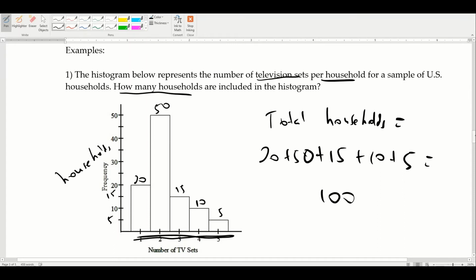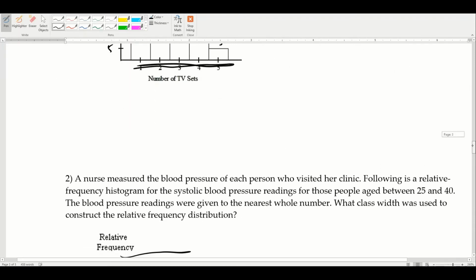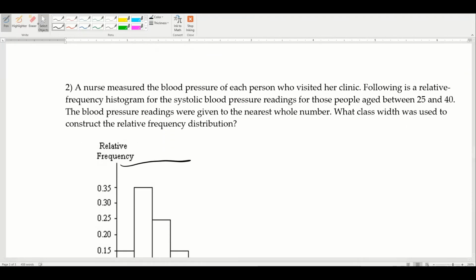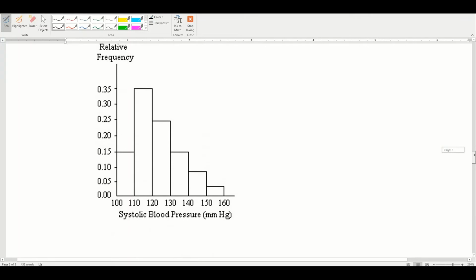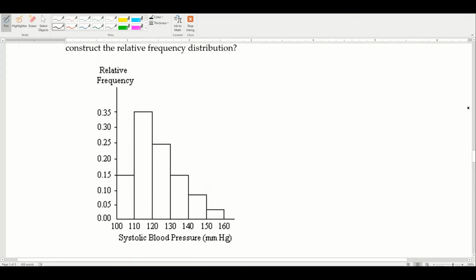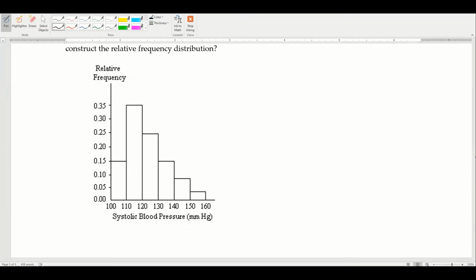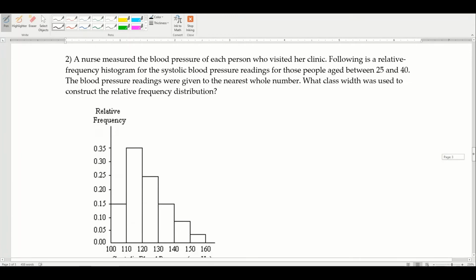Got that? In this example, there's that line that disappeared. This one involves the relative frequencies. It just shows you that it's using percentages over here. That's okay. Let me make this a little bit smaller so we can see it all on one screen. The blood pressure's what class width was used to construct the relative frequency distribution.